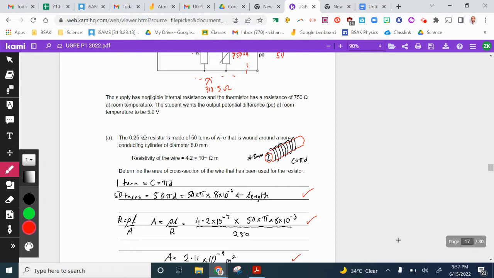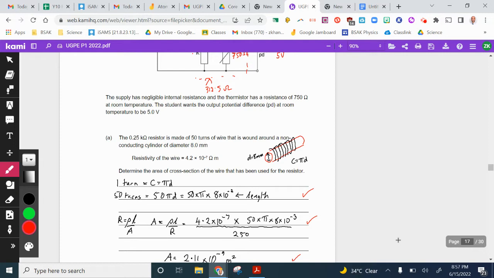You've actually worked out the cross-sectional area of that non-conducting cylinder where those wires are wrapped around. So that doesn't give you the cross-section area of the wire that's wrapped around. We want to know what that is, and unfortunately, we can't use pi r squared using d as the 8 millimeters. So what's the significance of that?